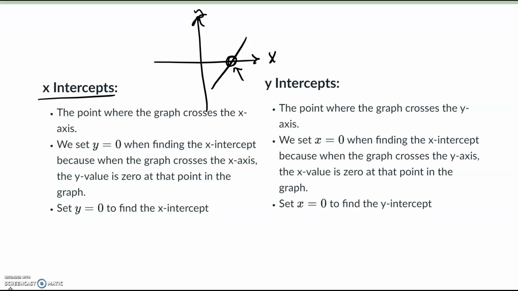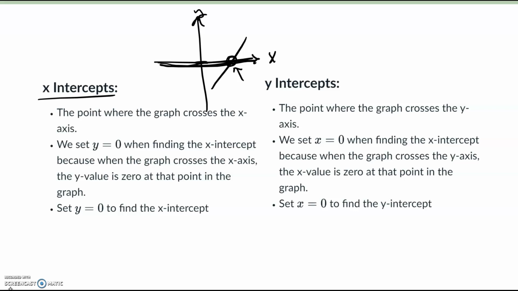Notice that at that point, we are on the x-axis, which means y is equal to 0, because we have not gone up or down from the x-axis. So y is always going to be 0 when we have an x-intercept. If you're going to find the x-intercept, you take the equation, replace y with 0, and then solve for x.